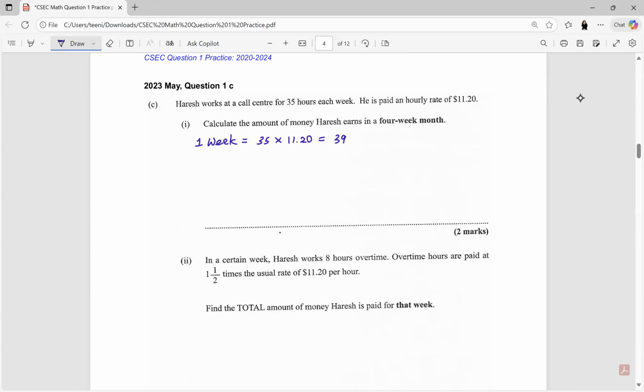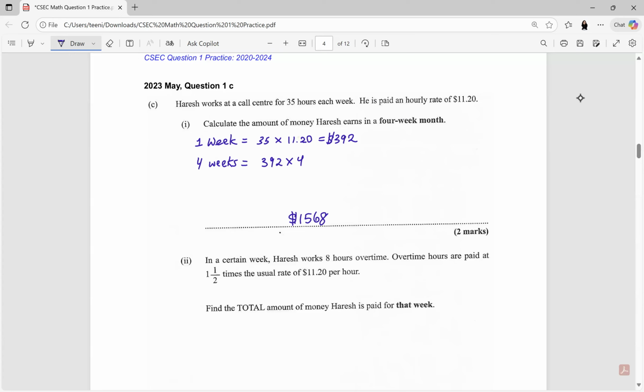And now we multiply that by 4 since you want to find out how much he makes in a 4-week month. And the answer is 1,568. Yep, that's correct. Anybody know another way you could solve this problem?